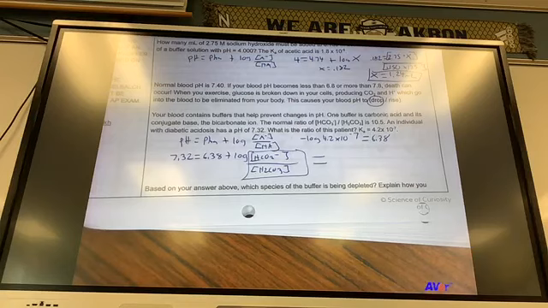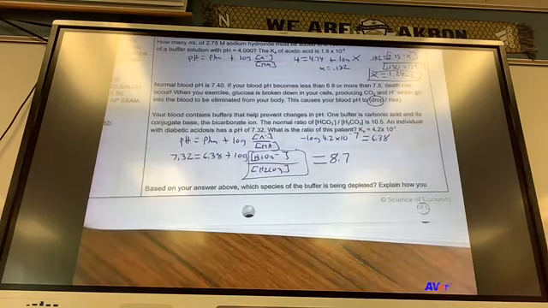Do we agree with that? 10 to the negative, right? That's what I did, and it's not right. What did you get? Not negative. Just 10 to the... This is subtracted. So what did you guys get? 8.7. Do I have another person to confirm that? Yeah.